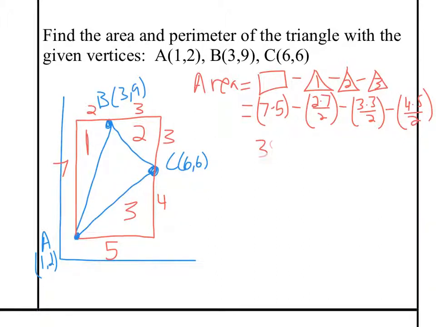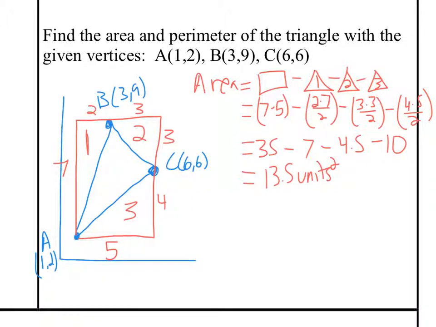So that would be 35 minus 7 minus 4.5 minus 10. So the area would equal 13.5 units squared.